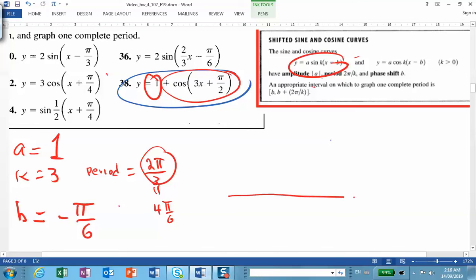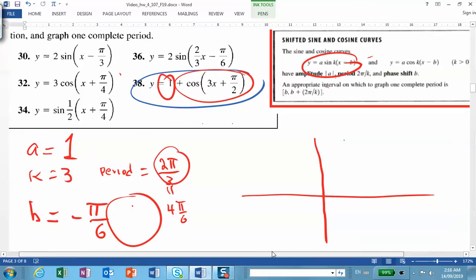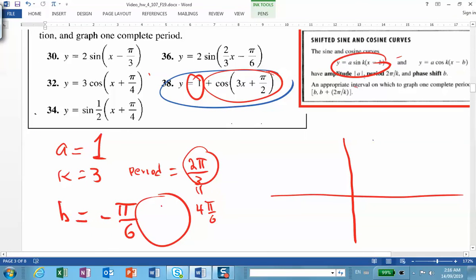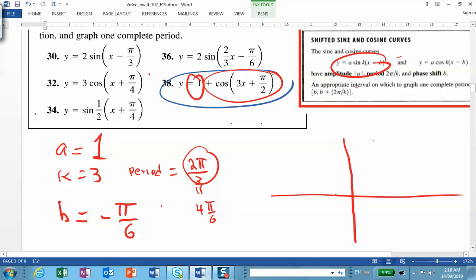Okay, so b is minus pi over 6, right? Right here. So b is minus pi over 6. So if minus pi over 6 is over there, and then I have to go to 2 pi over 3, and I just told you that 2 pi over 3 is 4 of these.